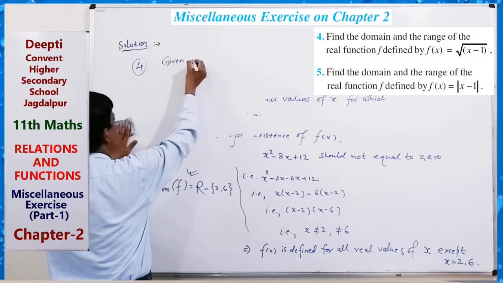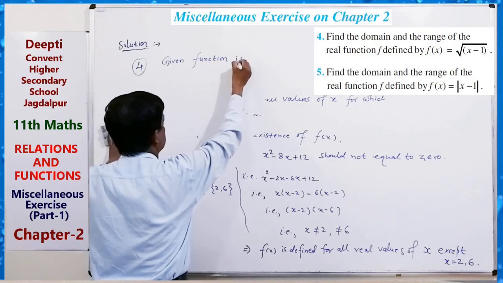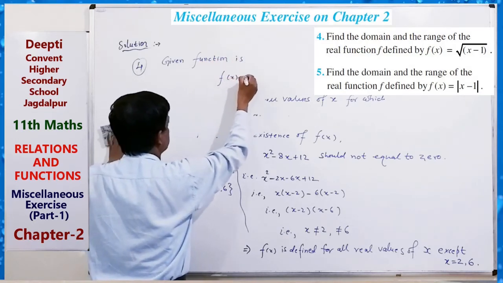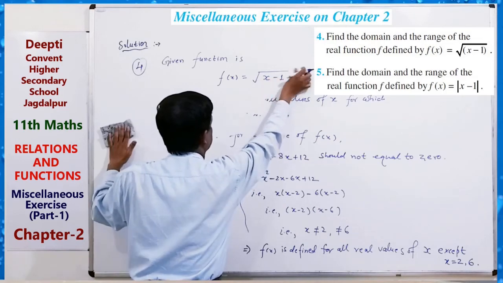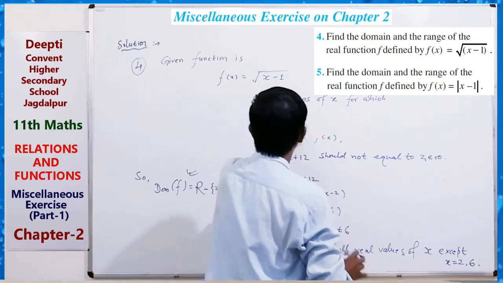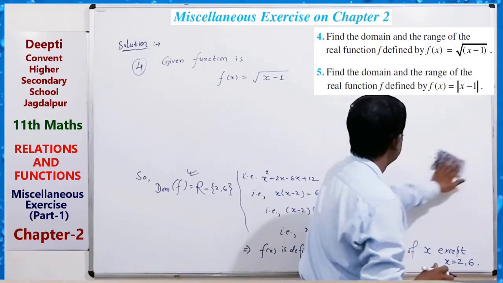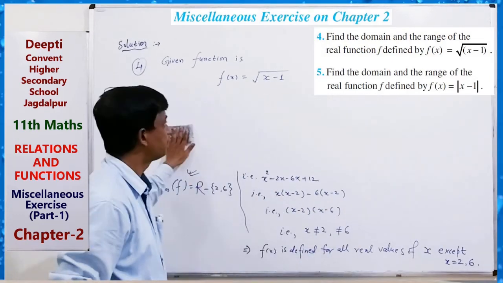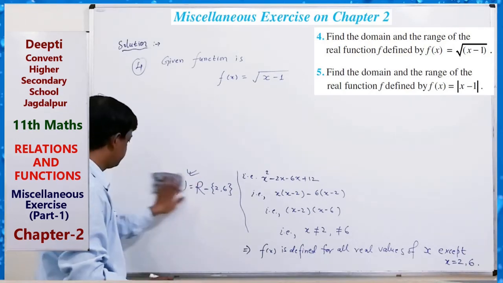The given function is f(x) equals root over x minus 1. Clear? We have to find domain and range.